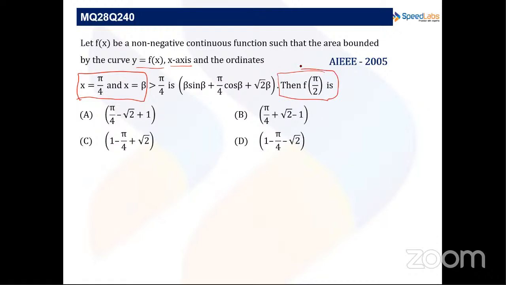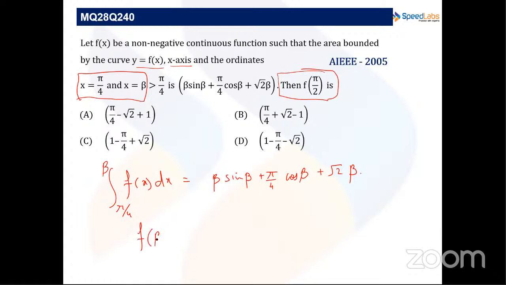It is given that when you are finding the area from pi by 4 to beta of f(x) dx, you are getting this area as beta sine beta plus pi by 4 cos beta plus root 2 beta. Now what we can do here is directly differentiate both the sides.